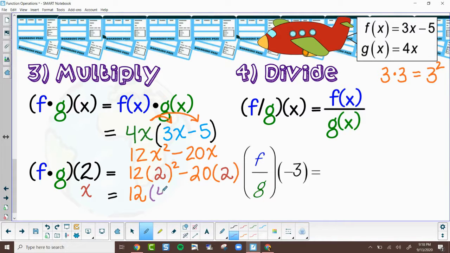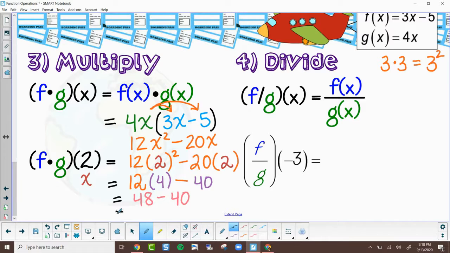So that's 2 squared is positive 4. And then I've got minus 20 times 2, which is 40. So now I just need to make sure that I do 48 minus 40, which gets me back to 8, which is our final answer.